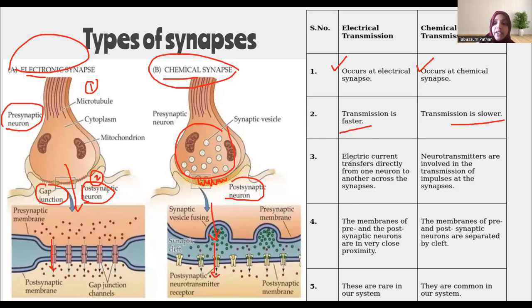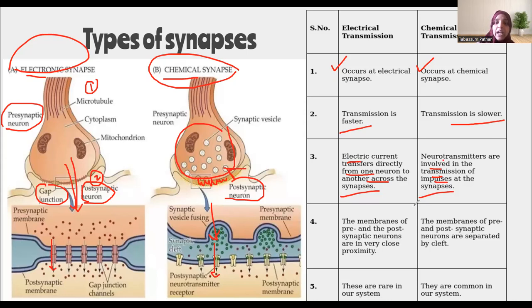In electrical transmission, the electric current transfers directly from one neuron across the synapse to the other neuron. Whereas in chemical transmission, neurotransmitters are involved in the transmission of impulses at the synapse. So here there is direct communication. Here there is a middleman. What is the middleman over here? The middleman is the chemical messengers, or you can say neurotransmitters.